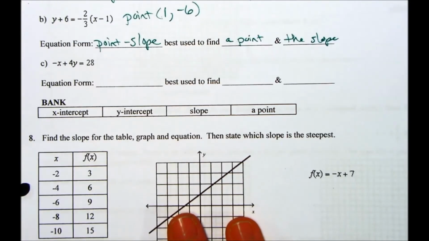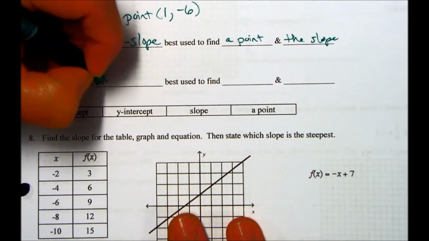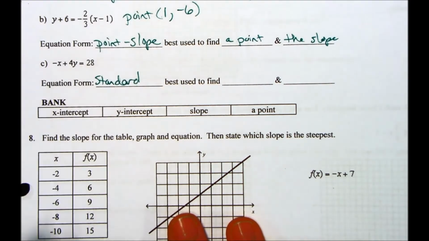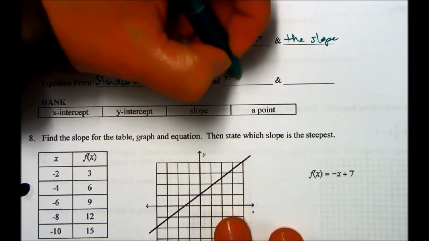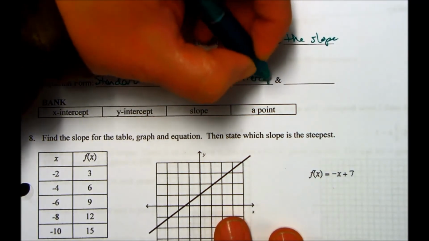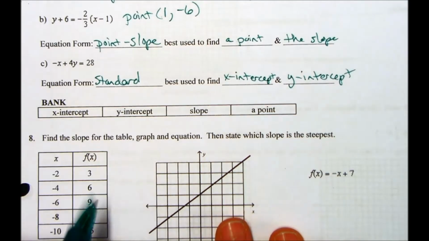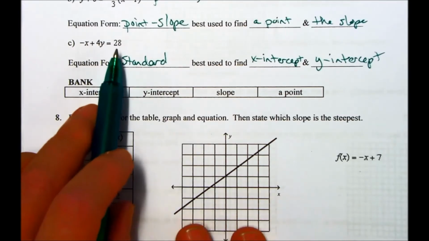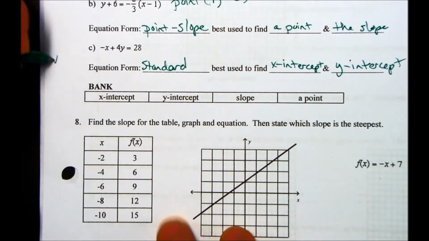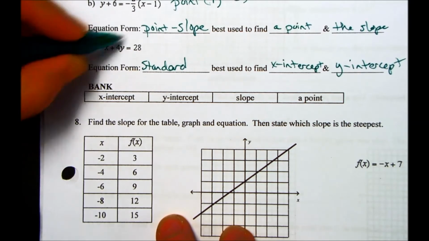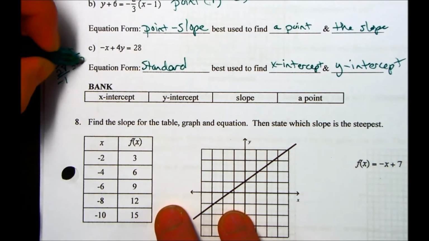Okay, so now let's look at C. C now is written in standard form. Hopefully you already knew that. And standard form is best used to find the x-intercept and the y-intercept. Because in order to find the x-intercept, you just have to take the constant divided by the coefficient of x. So your x-intercept would be 28 divided by negative 1, or negative 28.